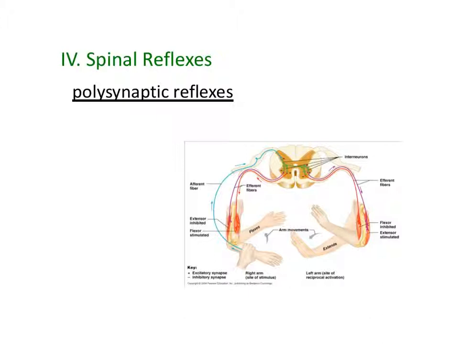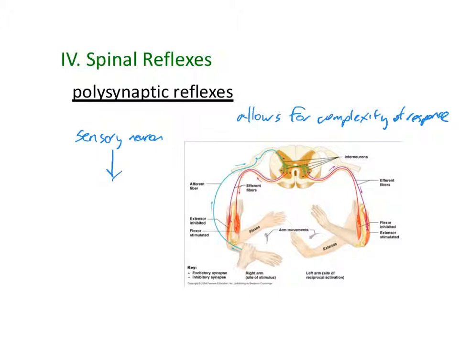Polysynaptic reflexes are ones that allow for more complex responses. In these polysynaptic reflexes, poly means many, you have a sensory neuron that sends its afferent fiber into the spinal cord.